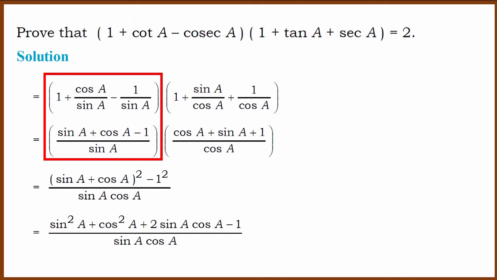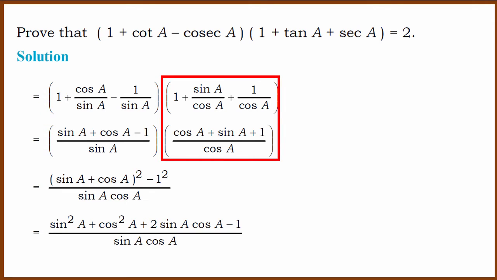If you take an LCM and simplify, the whole thing becomes (sin A + cos A - 1) divided by sin A. Similarly, this term here becomes (cos A + sin A + 1) divided by cos A. So all we have done is take an LCM of the denominator and simplify the numerator.